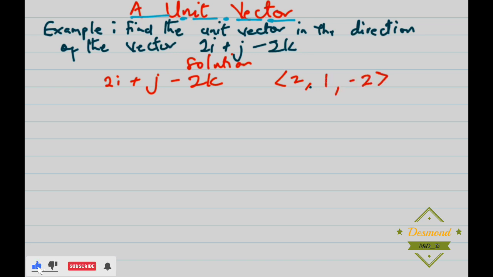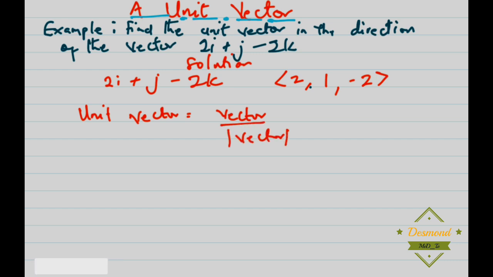So what is a unit vector? You take the vector, then you divide it by its magnitude. So let's write the formula. The unit vector should be equal to the vector over the magnitude of the vector. So let's find the magnitude of this vector.